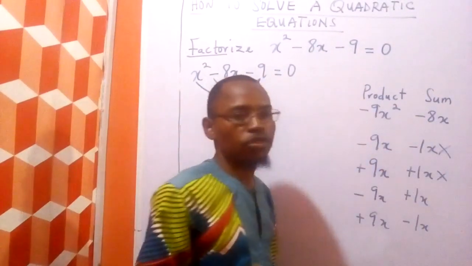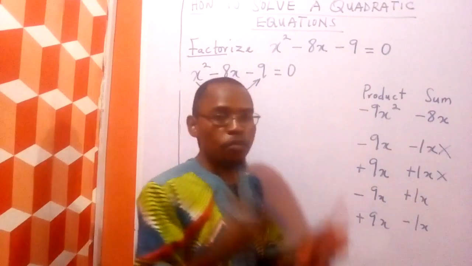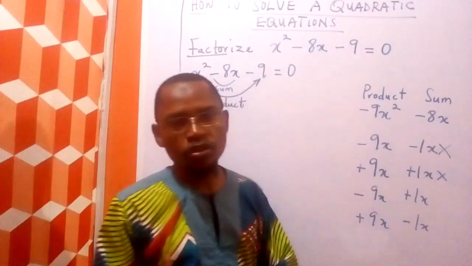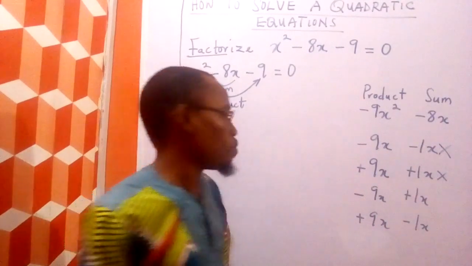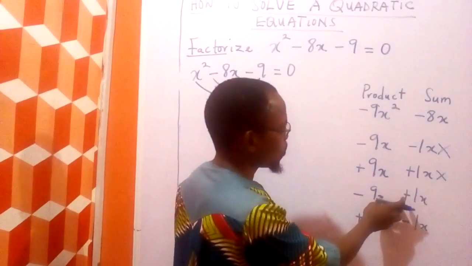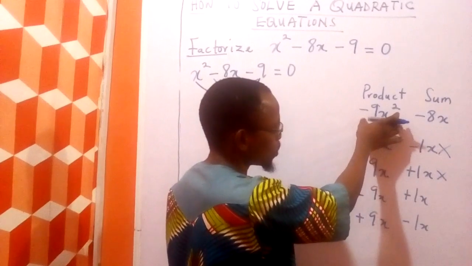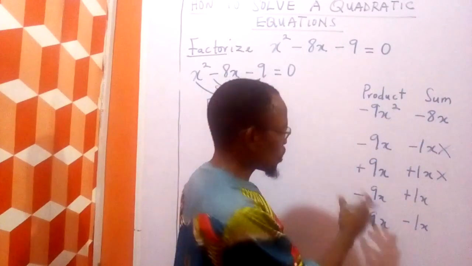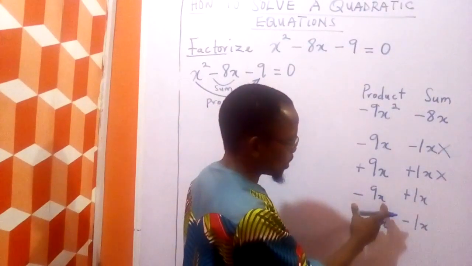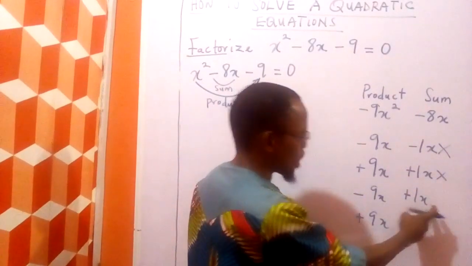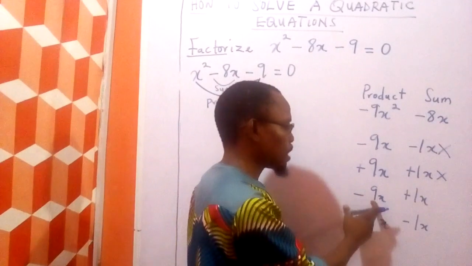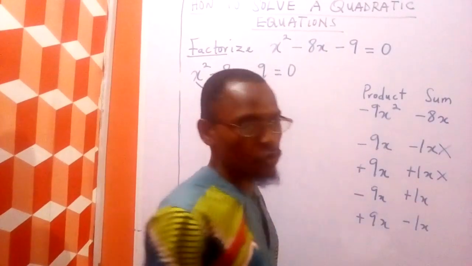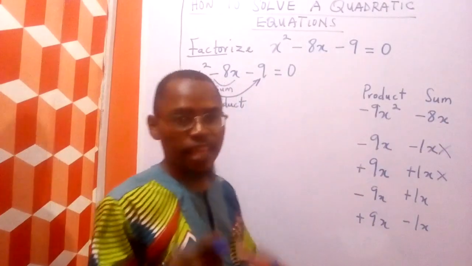Both factors must give us what is in the product and what is in the sum. So for the product, it gives us this. Now let's see whether it will give us the sum: minus 9x plus 1x will give us minus 8x.